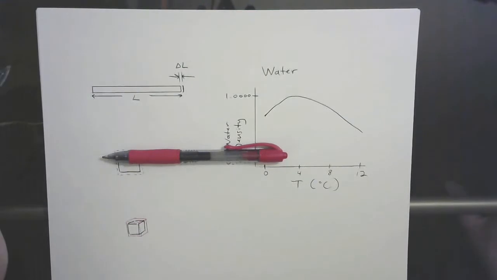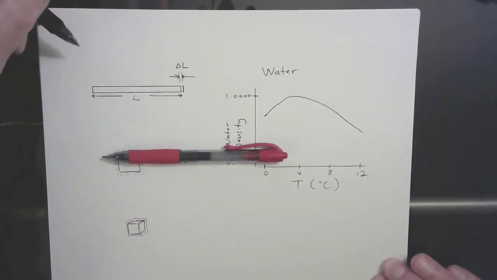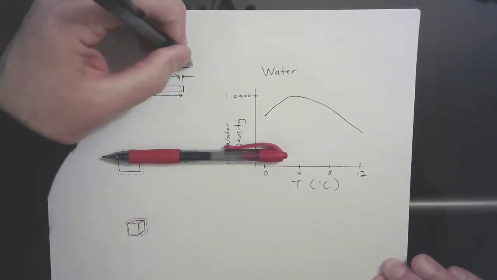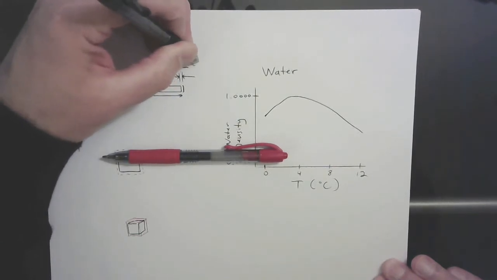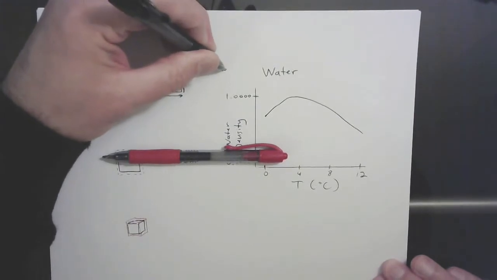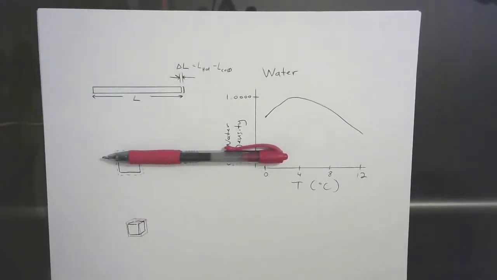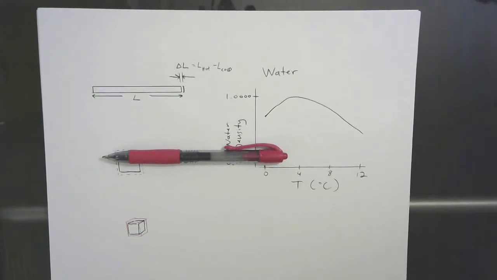So that little bit extra, we'll call that delta L, where L is the length of the bar, and delta L would be basically the length hot minus the length cold. That's probably too tiny to see. So delta L, length hot minus length cold. Just a little bit of length increase there.